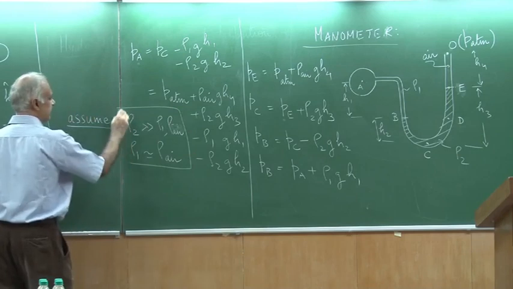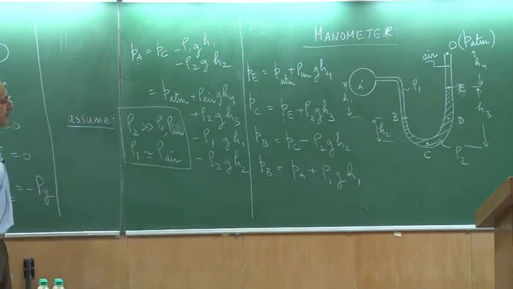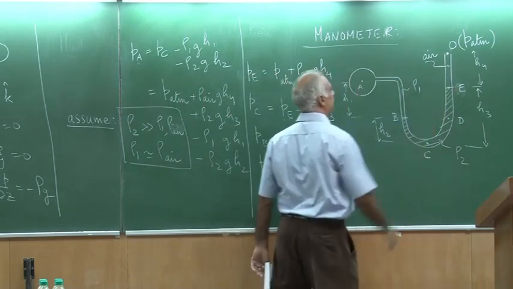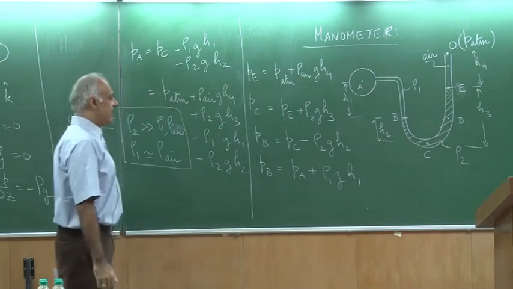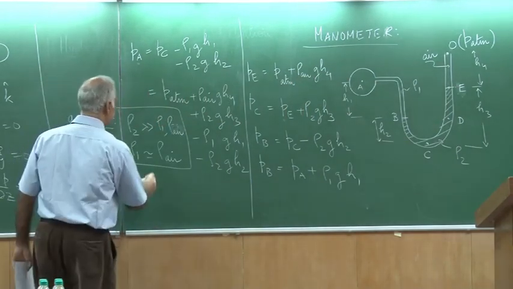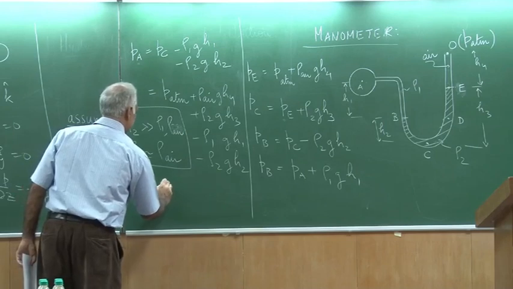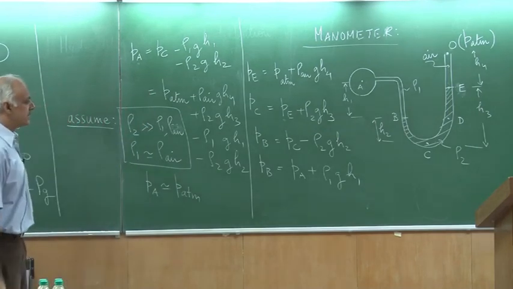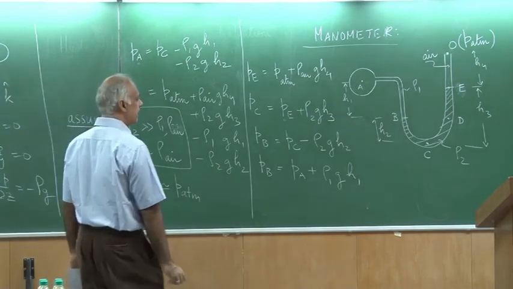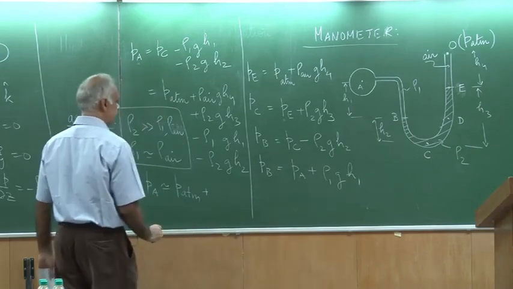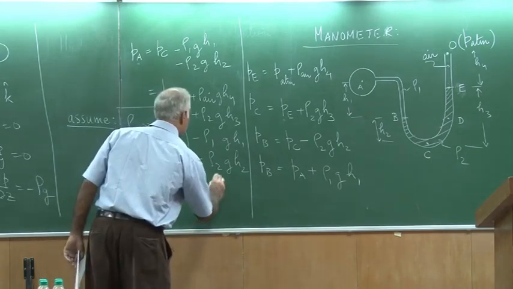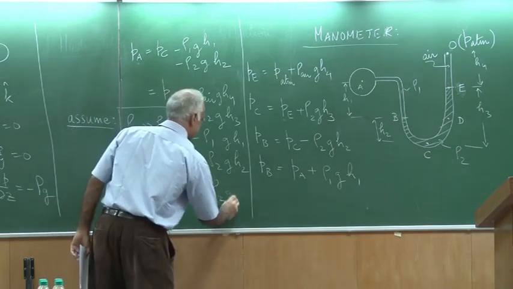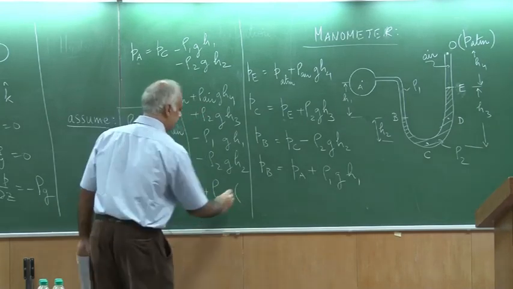Suppose I assume these, then essentially I can neglect the pressure because of this air column and because of this air column, and I would get a very simple result that PA is nearly equal to the atmospheric pressure plus rho 2 times G times H3 minus H2, so only these two terms survive.